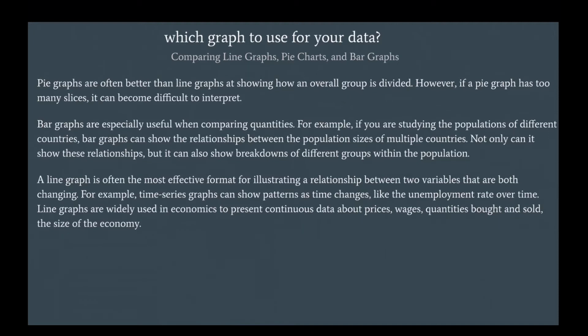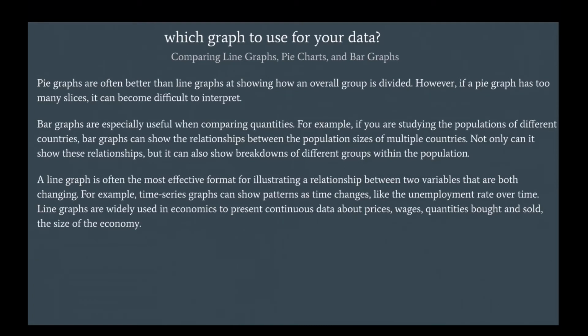For example, if you're studying the population of different countries, bar graphs can show the relationship between the population sizes of multiple countries. Not only can it show this relationship, but it can also show breakdowns of different groups within the population. A line graph is often the most effective format for illustrating a relationship between two variables that are both changing.